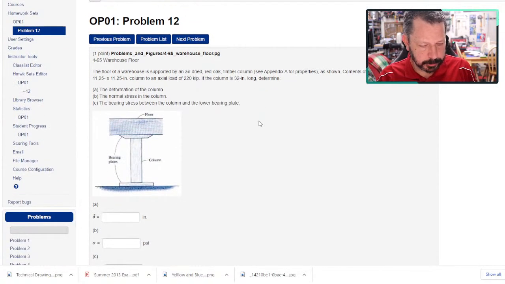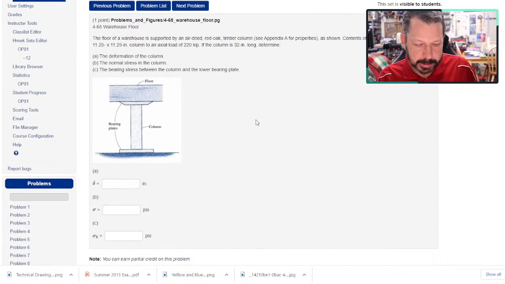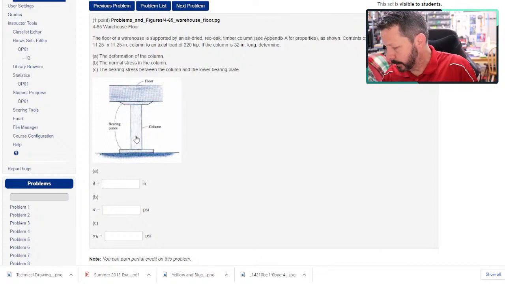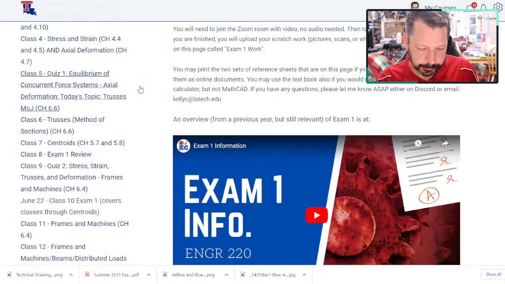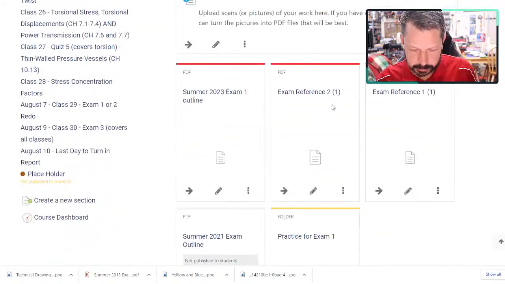This is a bearing stress problem, and this is a relatively simple one. This is not one to be careful about, but be careful whenever you have wood pieces, because wood actually has, let's look at our reference sheet for a second. Is it in here?